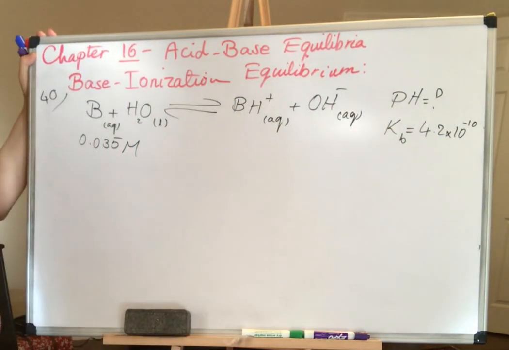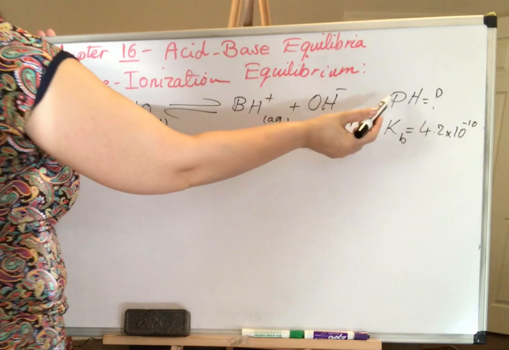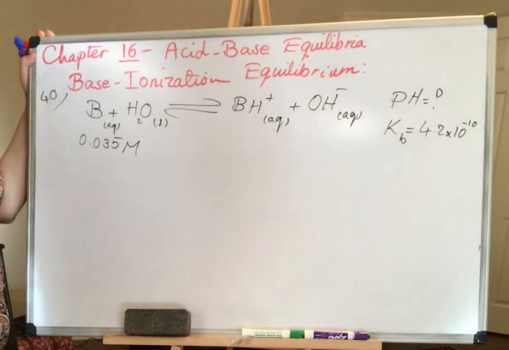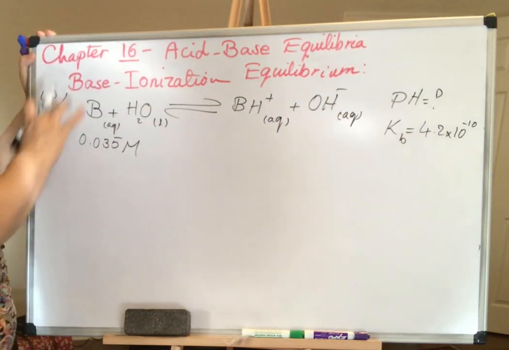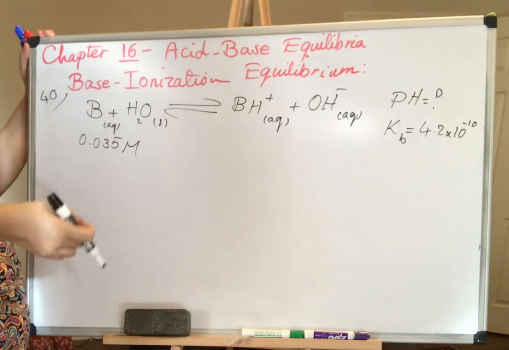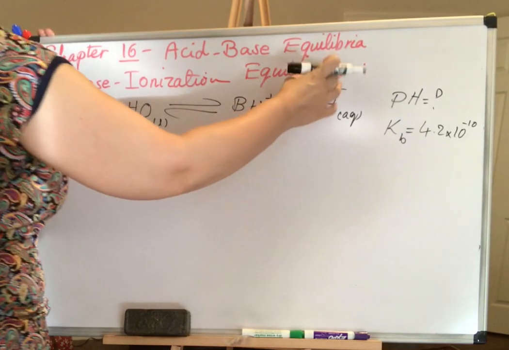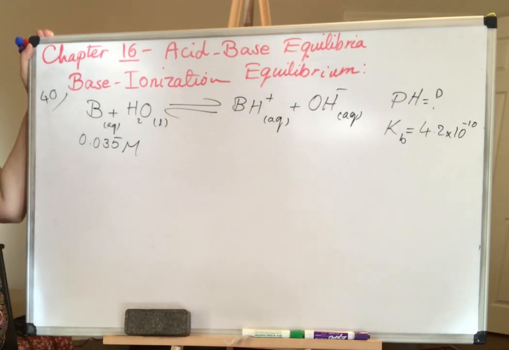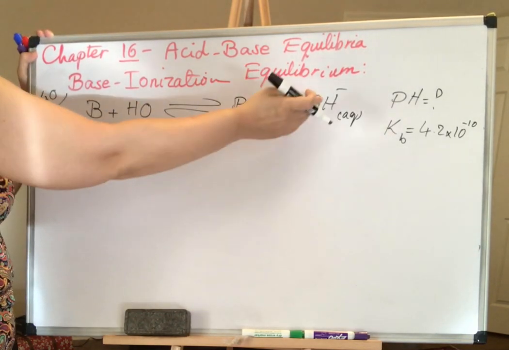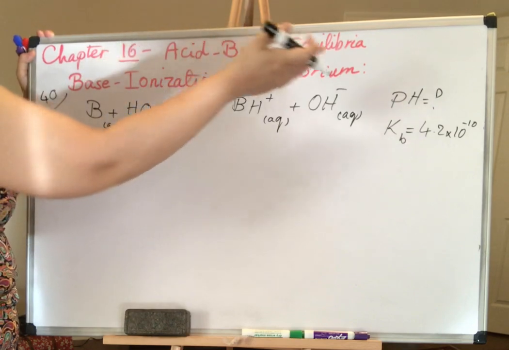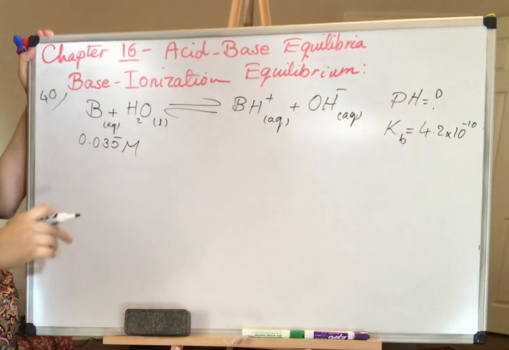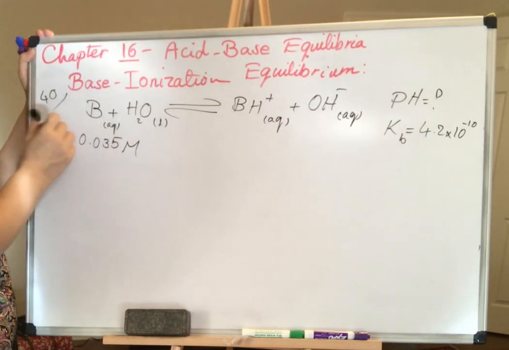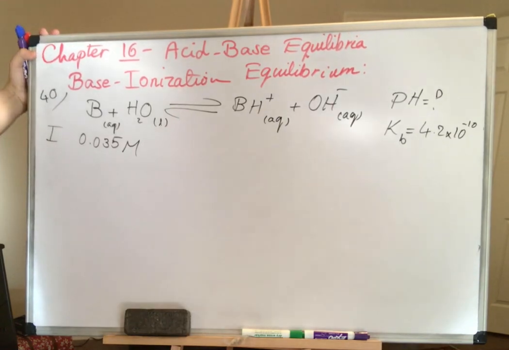Whenever you have pH, it should remind you of concentration of hydrogen ion. But do you see any hydrogen ion here? No. Instead you have OH, and you know that you can find concentration of hydronium ion from OH, or pH from pOH. So let's build our ICE table.